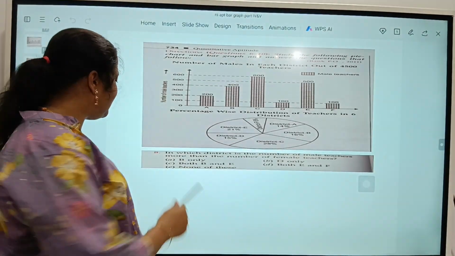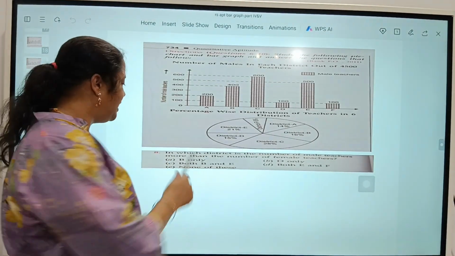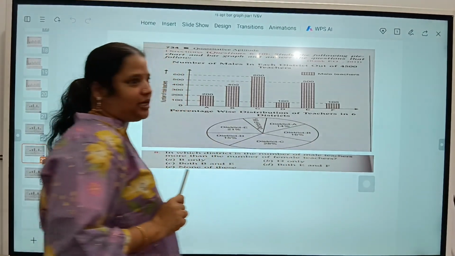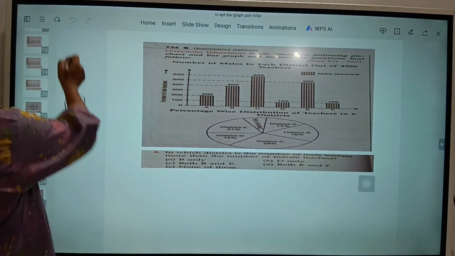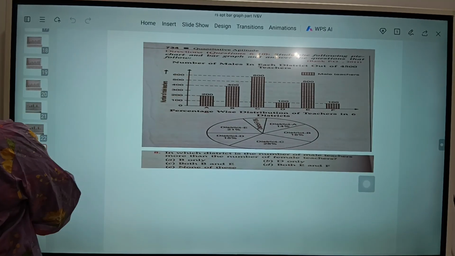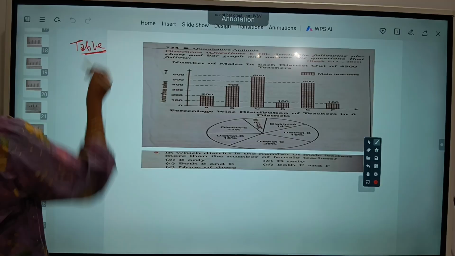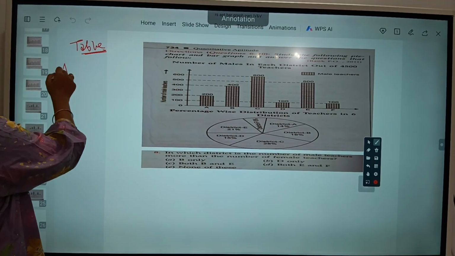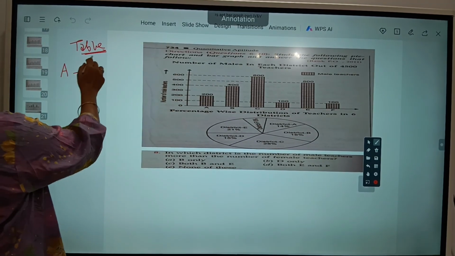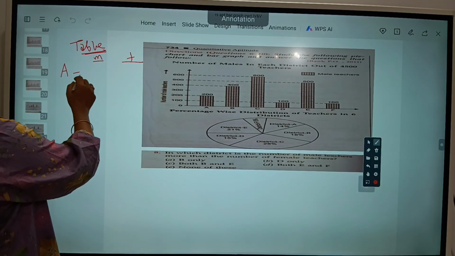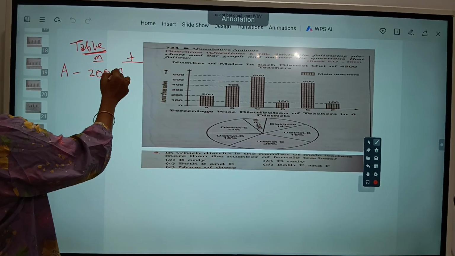The third question in this graph is, in which districts is the number of male teachers more than the number of female teachers? If you see the table, in district A, male teachers are 200, female teachers are 130.